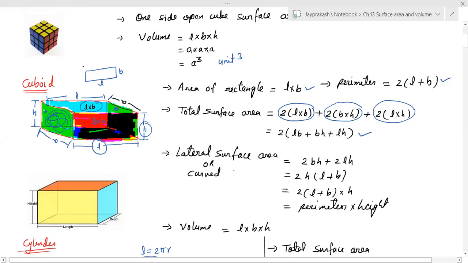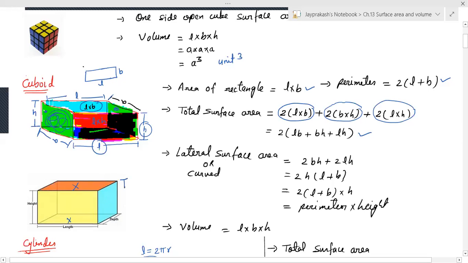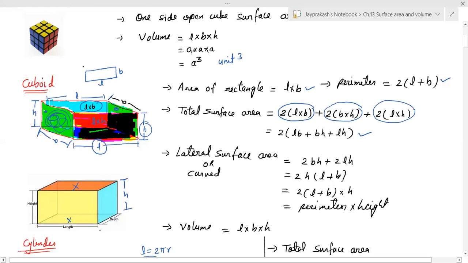Now if we talk about the lateral surface area, we have already discussed in the cube, lateral surface area means not involving the top and bottom. So the top is not there and the bottom part is also not there. So only the four walls are there. Four walls means the side wall, this one, having the area, this one is the height and this one is the breadth.